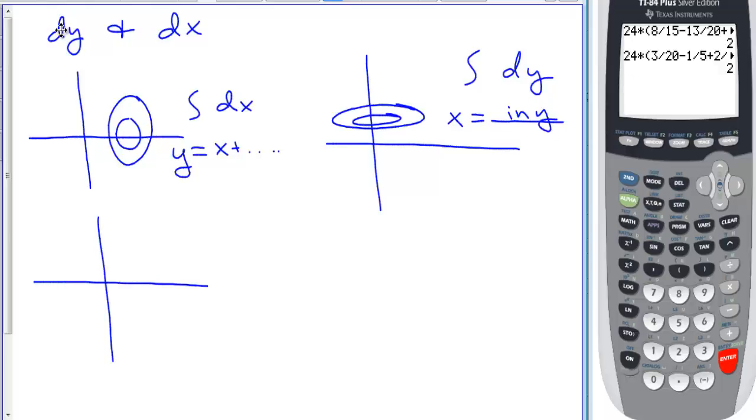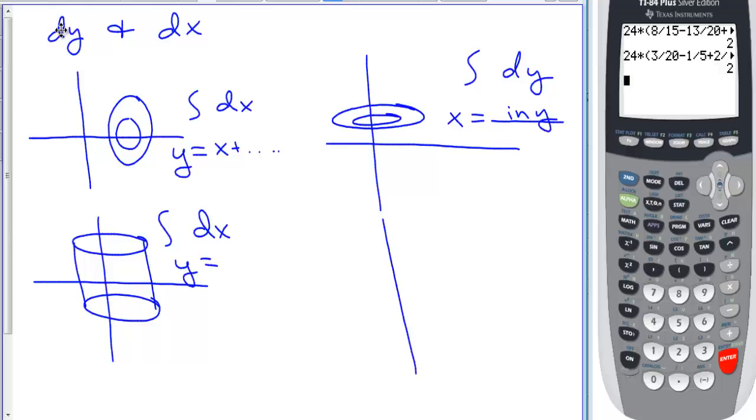Now with the shell method, if you are revolving around a vertical axis, whether it's the y-axis, or x equals 5 or x equals 10, then you're picking your arbitrary x values for your edges, so you'll integrate with respect to x, and of course it better say y equals for the height.